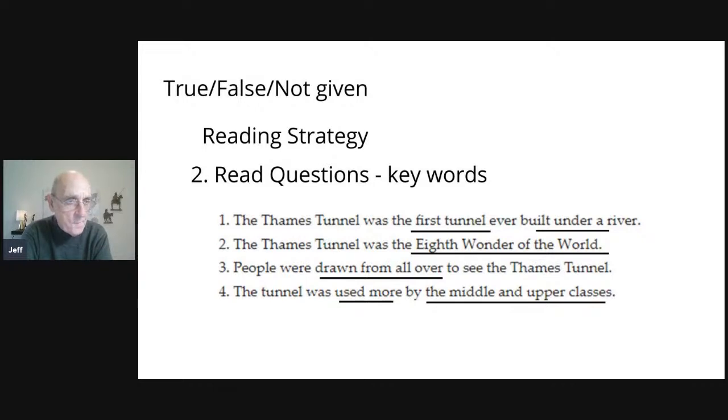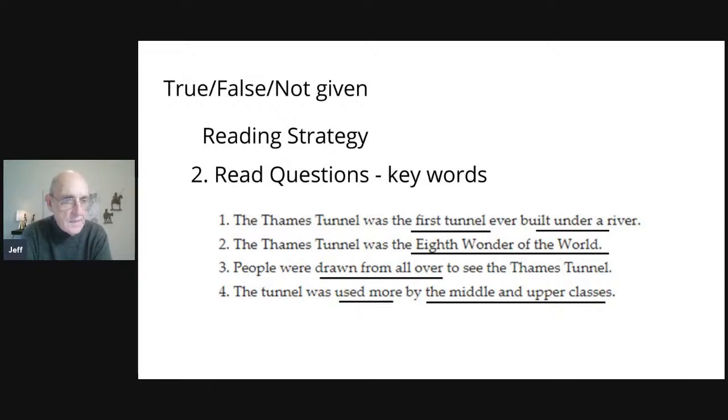And this one, the fact that they're stating here, is the Thames Tunnel was the eighth wonder of the world. Okay, that's a very specific task, and you'll see why it's important to recognize that in just a few minutes. So number two says the Thames Tunnel was the eighth wonder of the world.